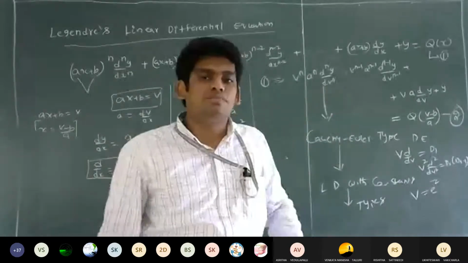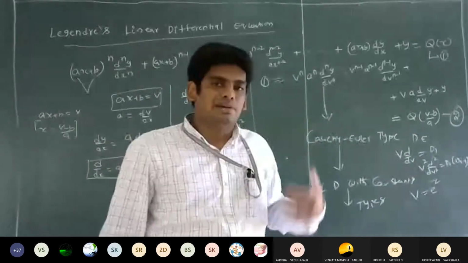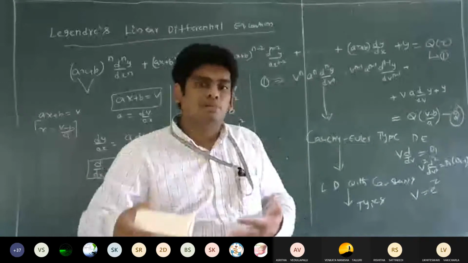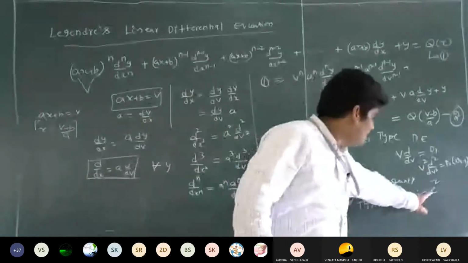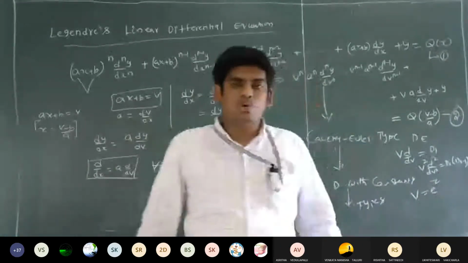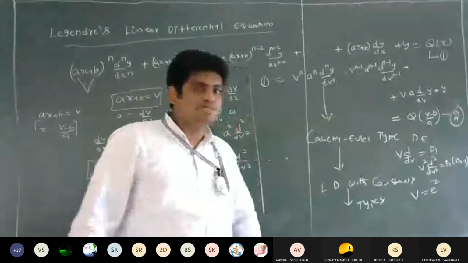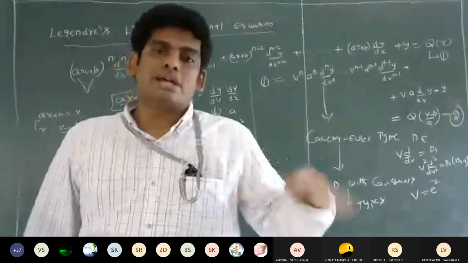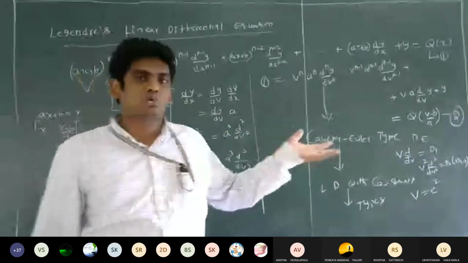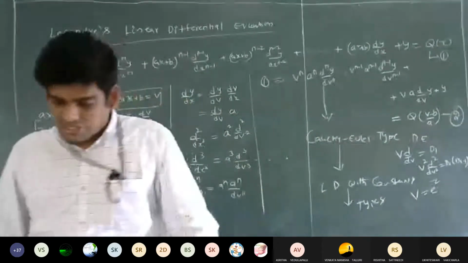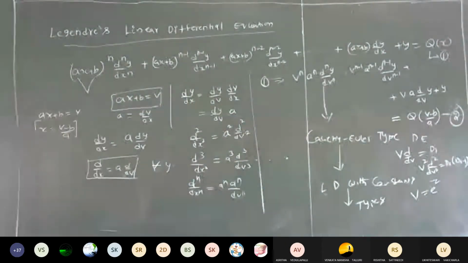Now again we are transforming the independent variable into another variable, by using the transformation v is equal to e power z. Therefore z becomes log v. Next, you almost know the process of how to solve the Cauchy-Euler type differential equation, right? So this is the introduction to the Legendre's differential equation.